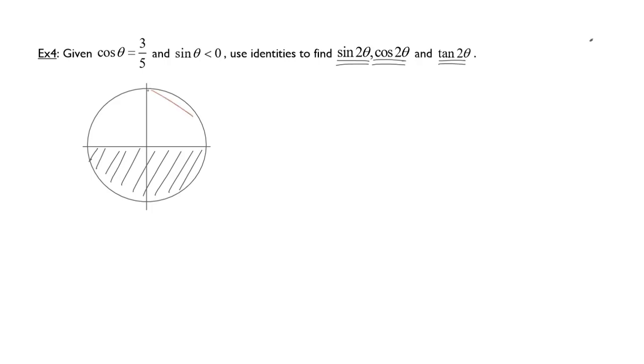Cosine is positive in the first and fourth quadrants. So I can identify the quadrant I'm looking for based on that information. The overlap is where cosine of theta is equal to 3/5. It's in the fourth quadrant.